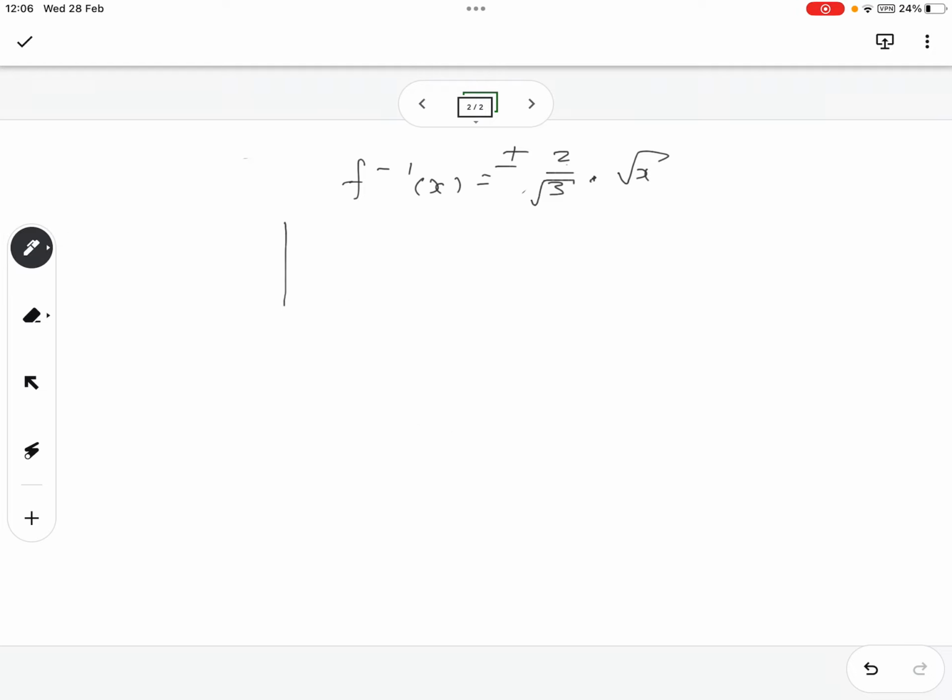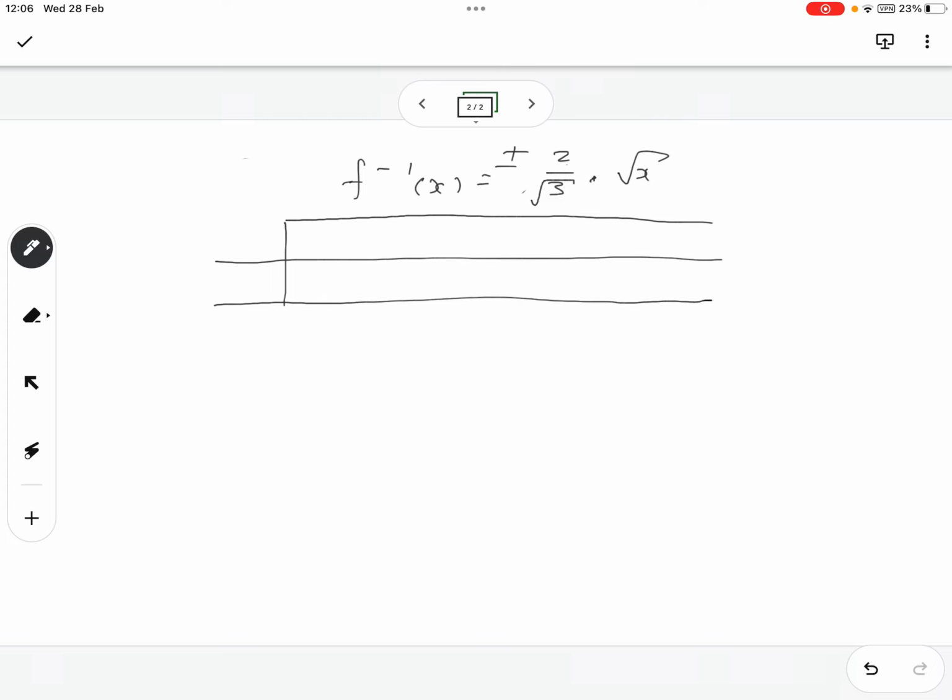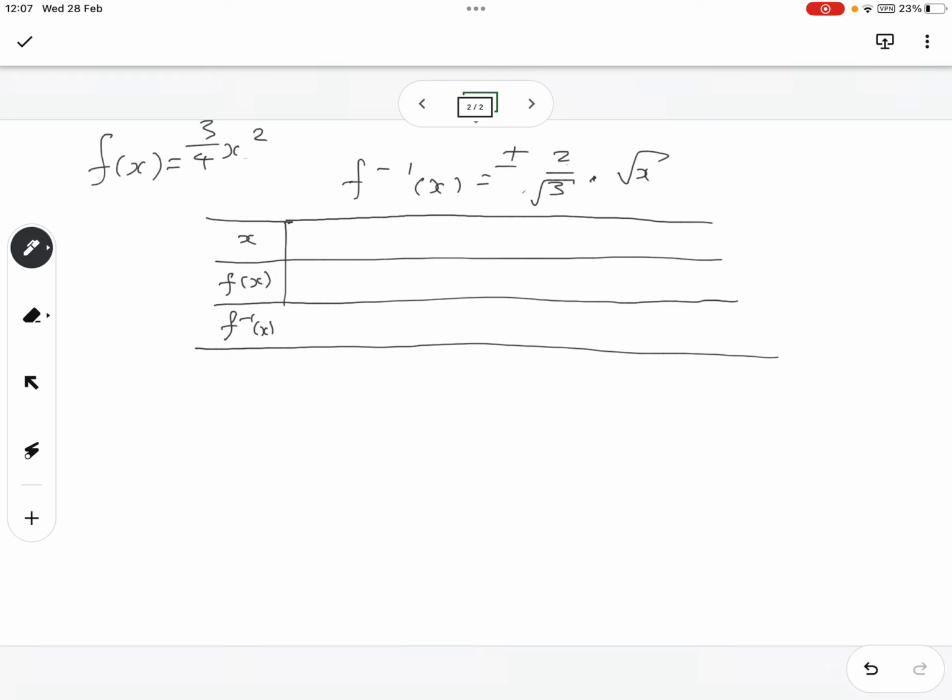Okay. I think we should set up a table. f of x was how much? f of x was 3/4 x squared. And then the inverse of x.